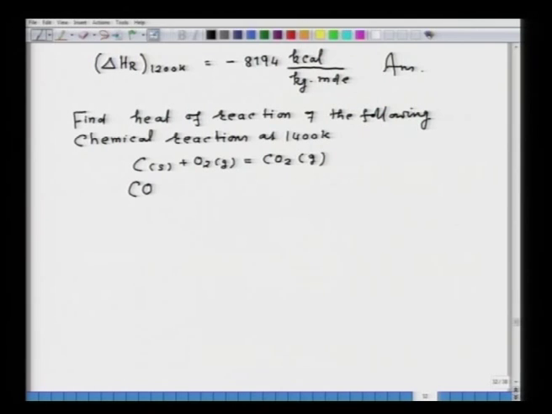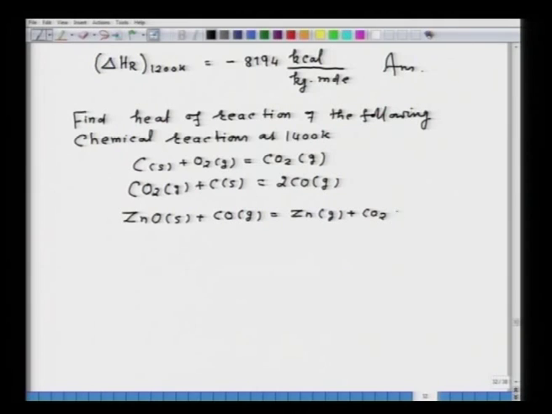Also find out for the reaction CO2 gaseous plus C solid giving 2CO gaseous. Also find out ZnO solid plus CO gas equals Zn gas plus CO2 gas. Collect the values from thermodynamics tables and find out the answers.